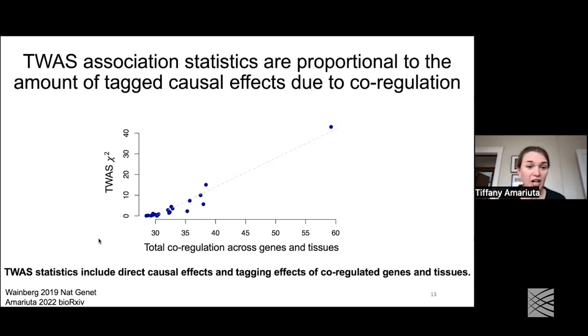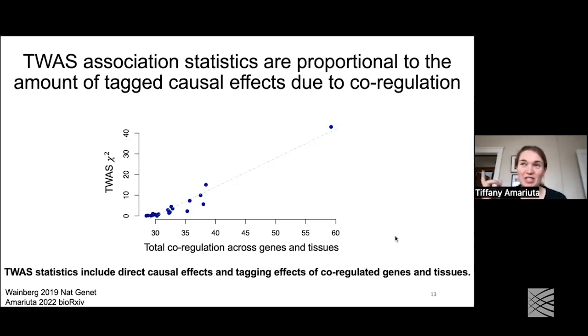So what I'm demonstrating is that there is a relationship between the strength of the TWAS chi-squared and the co-regulation of the gene across tissues. That is because we know, and others have identified, that TWAS statistics include direct causal effects of genetic effects on genes, on disease, as well as tagging effects of co-regulated genes in a locus and co-regulated tissues.